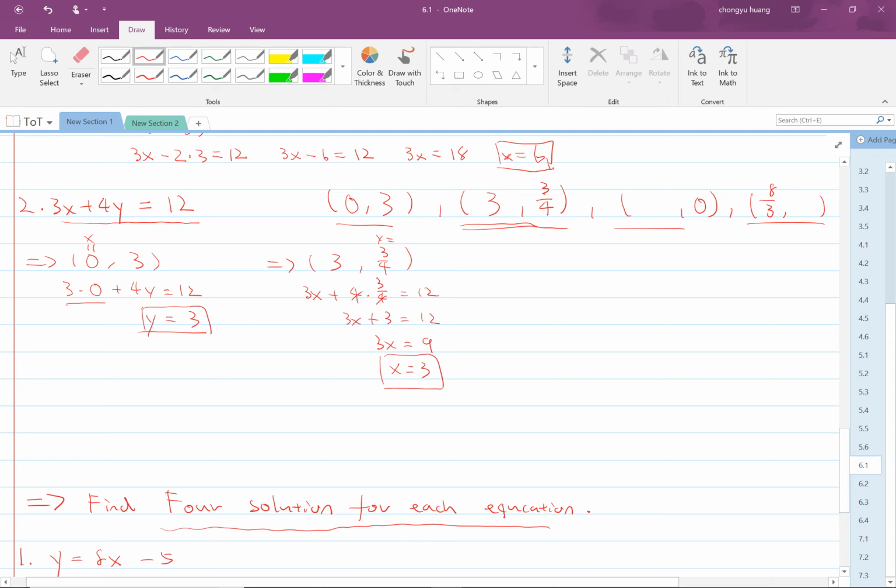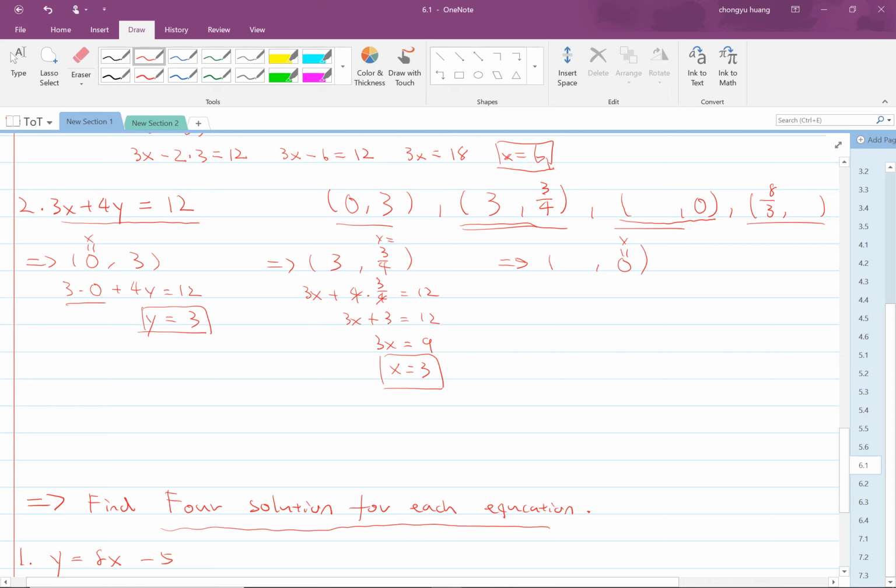Let me write down everything. Okay, so now let's focus on the third point. We don't know anything about x, but we know y is actually equal to 0.